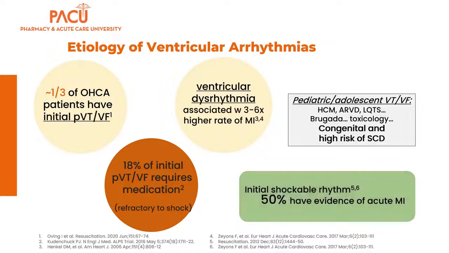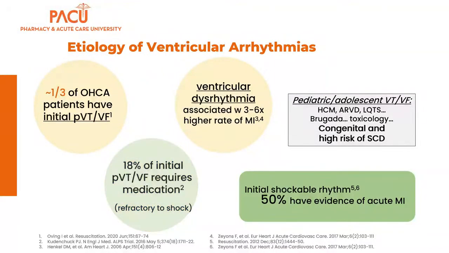Likewise, half of all patients with an initial shockable rhythm, VTach or VFib, have evidence of an acute MI. And lastly, about 18% of ventricular arrests are refractory to shock. Looking at this another way, shocking patients is particularly effective and terminates most ventricular arrest rhythms.